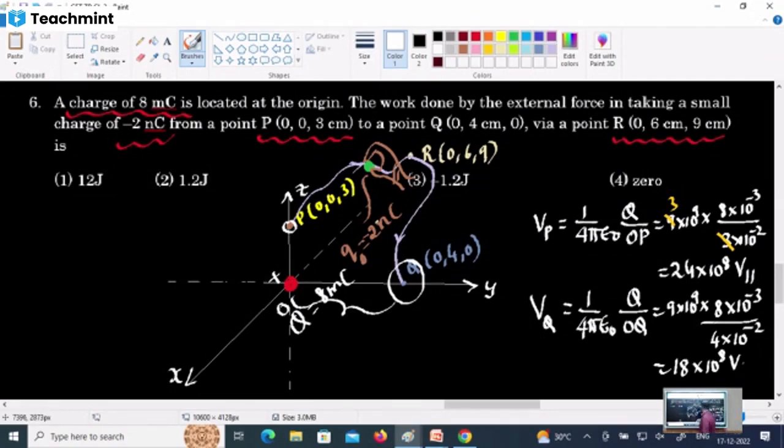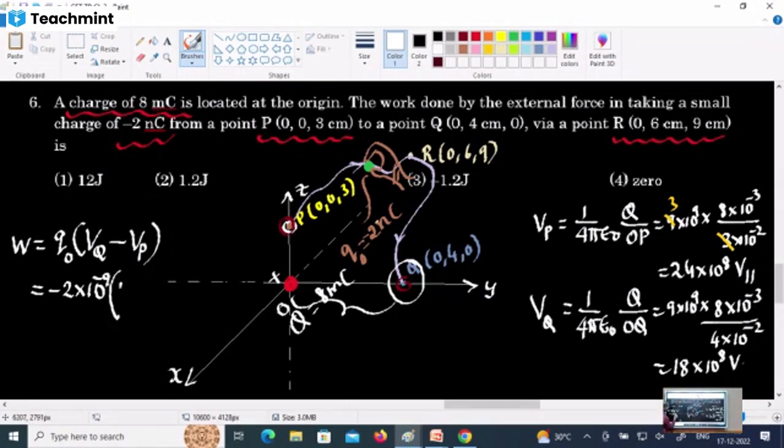So now you are taking the charge from P to Q. So how much work do you do? Work done is equal to charge Q naught taken times final point Q minus initial point P, so VQ minus VP. Q naught is minus 2 into 10 to the power minus 9.